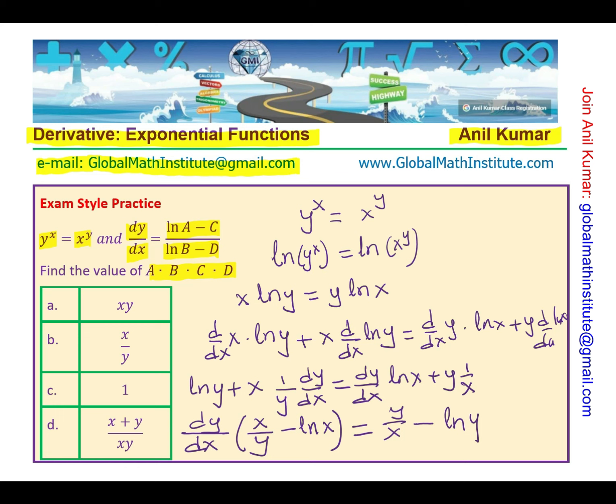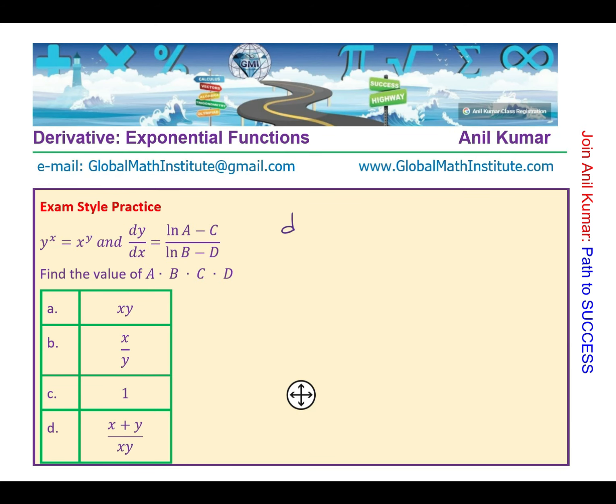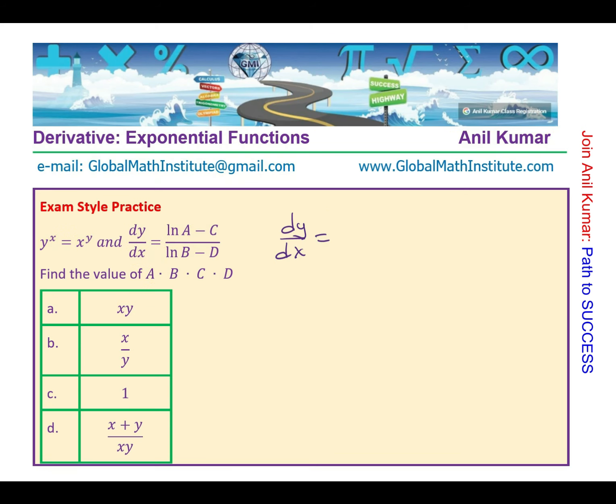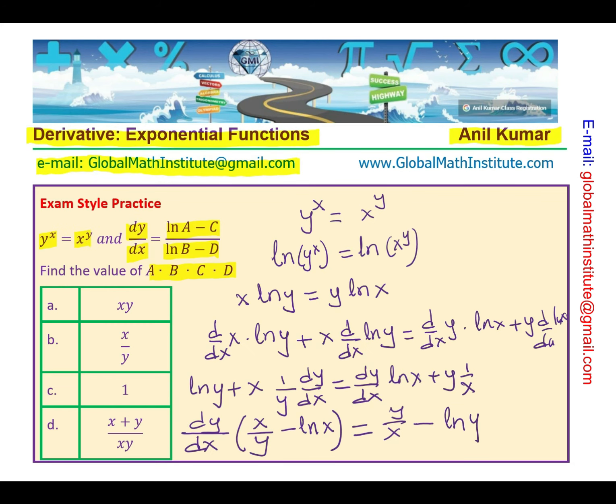Well, it's kind of similar, right? So we could write dy/dx as equal to what? We can flip them both sides, so we get dy/dx as (y over x minus ln y) over (x over y minus ln x).